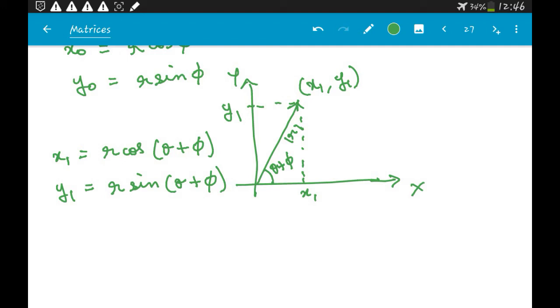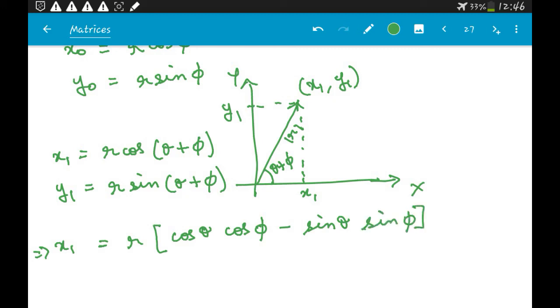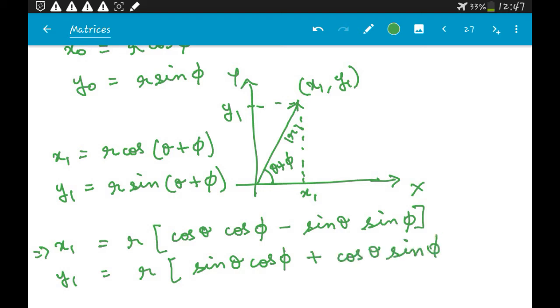So let's expand x1 and y1 now. We will use the formulas for cos(theta plus phi) and sin(theta plus phi). So x1 will be r into (cos theta cos phi minus sin theta sin phi), and y1 is equal to r into (sin theta cos phi plus cos theta sin phi).